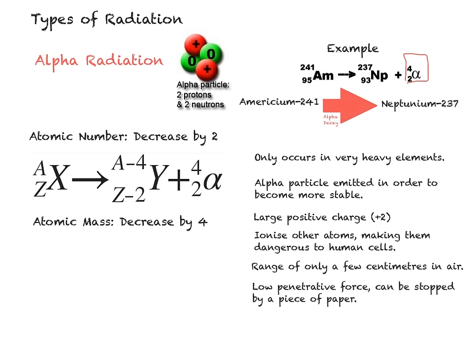This makes alpha radiation more dangerous to humans if we were to consume a source of alpha radiation, as the alpha particles would not be able to escape the body.